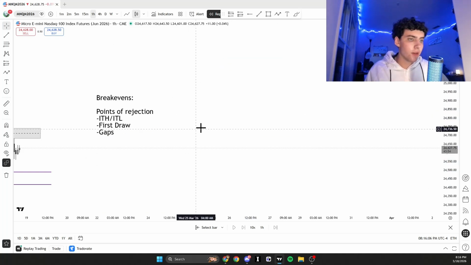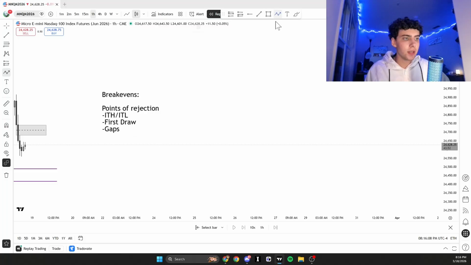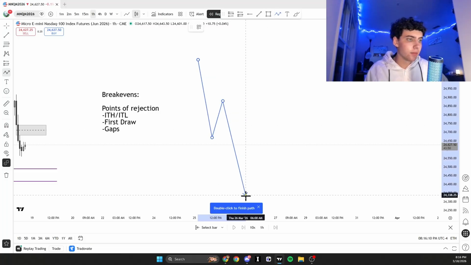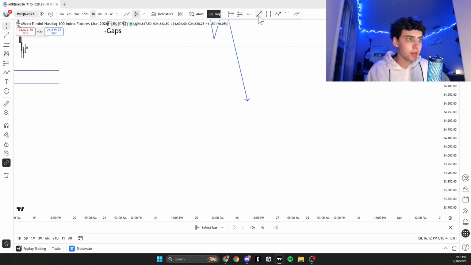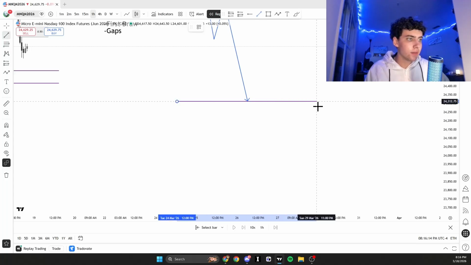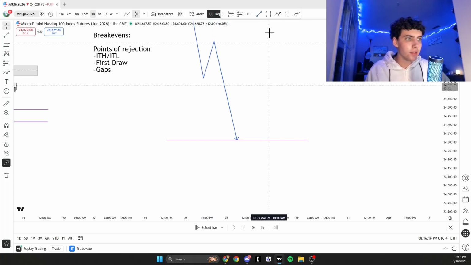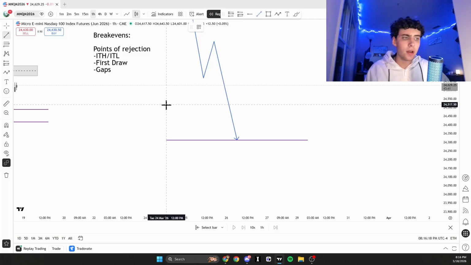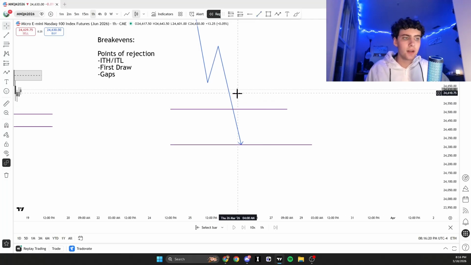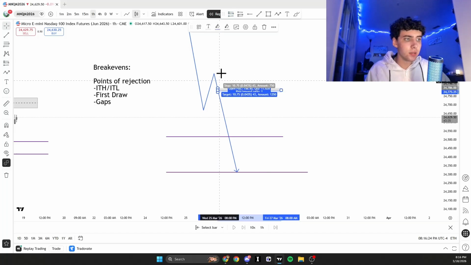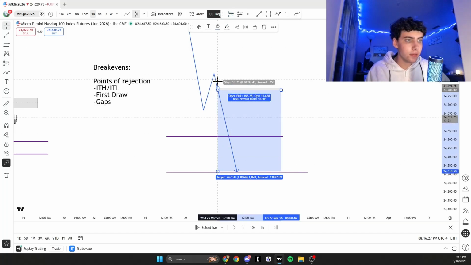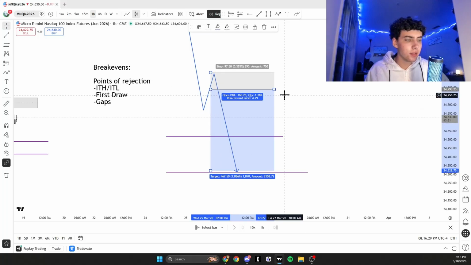And then what do I mean by first draw here? If I'm targeting, we'll say shorts for this example, I'm targeting something down here. This is my draw that I really want to see price hit, but we have kind of another first draw right here that price could reject off of. And I'm in a position, just for sake of example, we'll say like this.